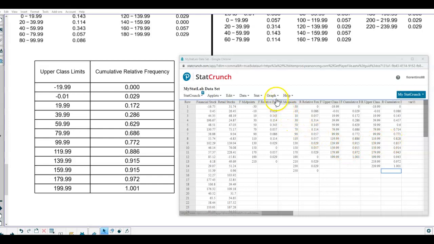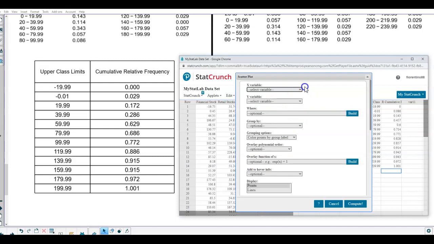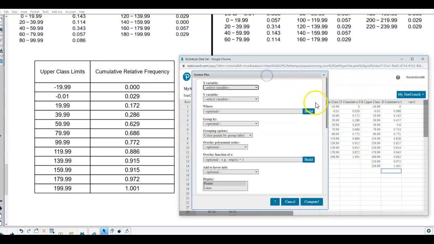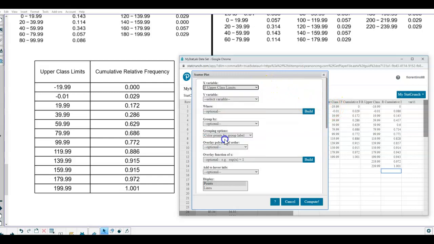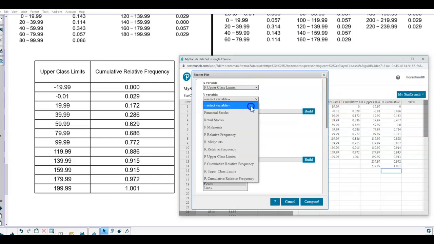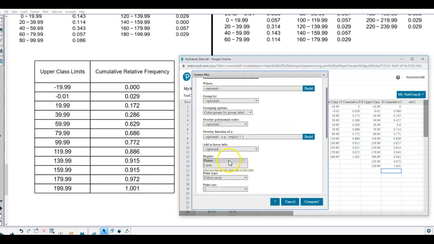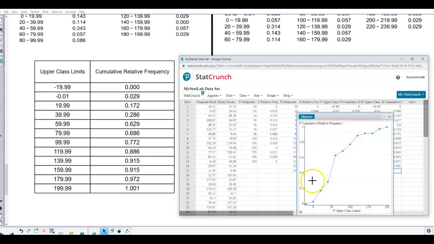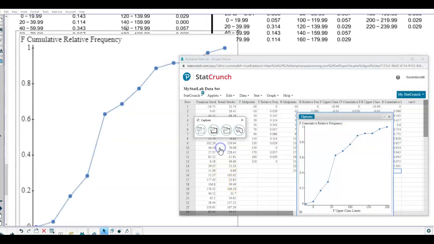We're going to select graph and select scatter plot, and then our x coordinate is going to be our upper limits. So we have F upper class limits, and then our F cumulative relative frequency. We're going to make sure our points are highlighted and our lines are highlighted, and then we're going to select compute. So there is our ogive for our cumulative relative frequency.